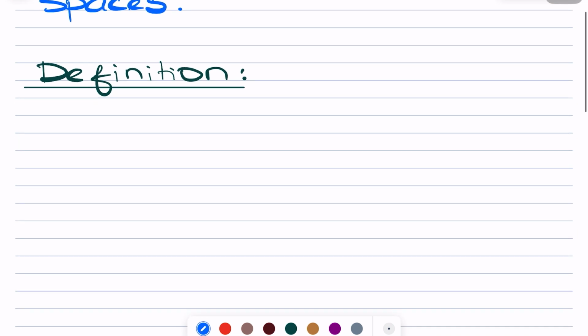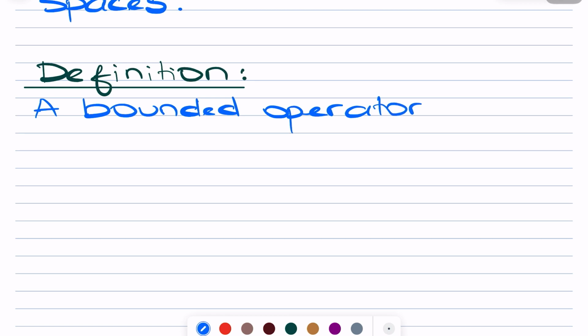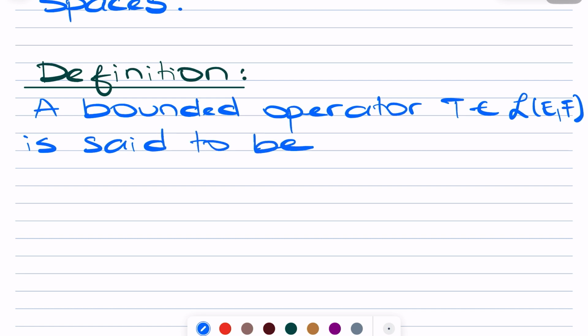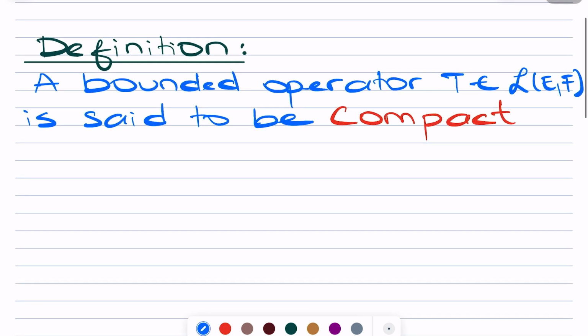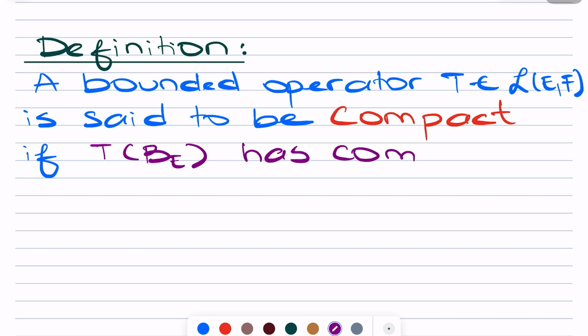A bounded linear operator T from E into F is said to be compact if the image of the closed unit ball has compact closure in F.